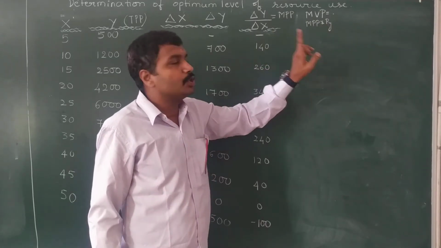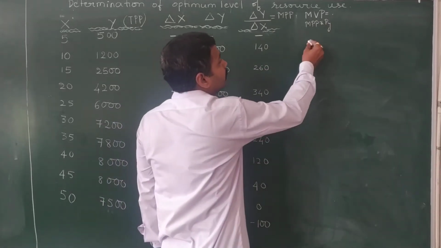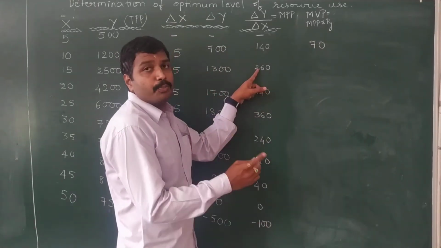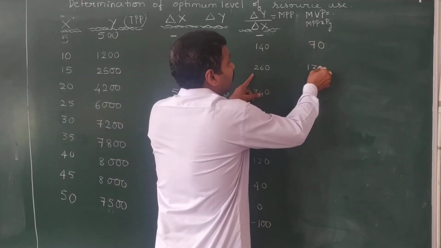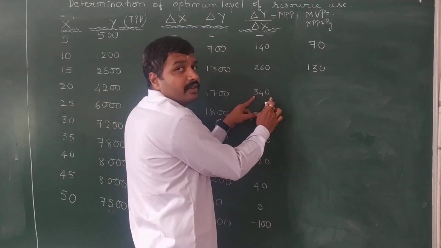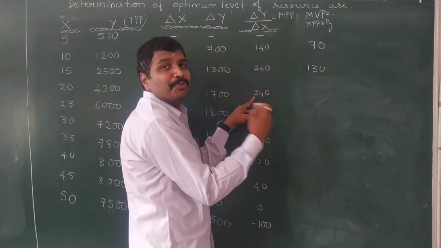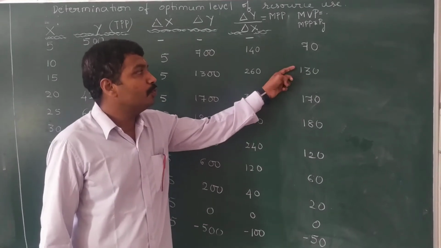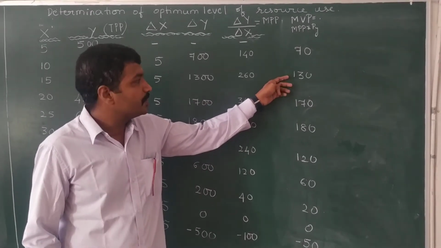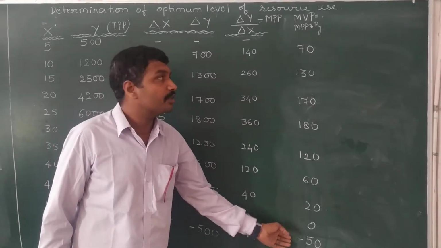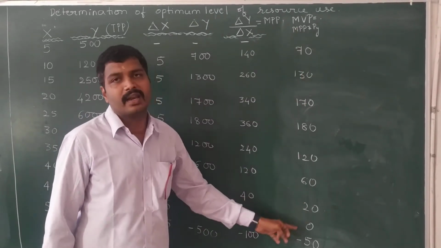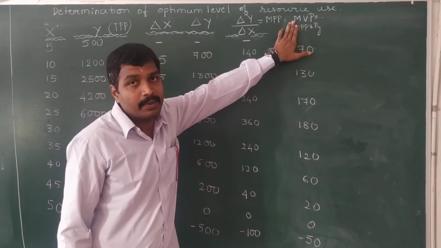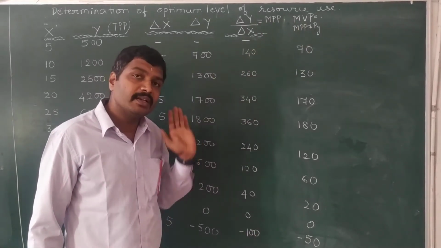So 140 into 0.5 is 70. 260 into 0.5 is 130. 340 into 0.5, you need to repeat the same procedure for the rest of the observations so that you can get MVP for the rest of the observations. Is it clear? So once you get this MVP, you know that this is the return side.